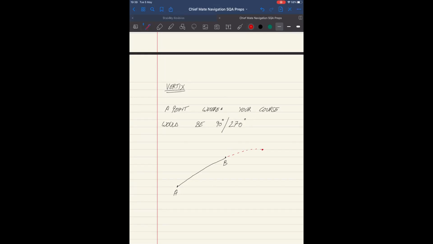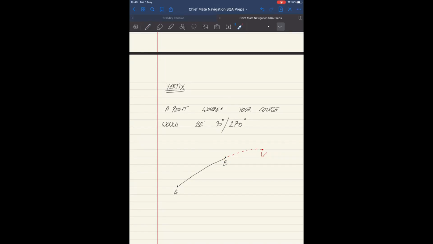This is the point where we would lie, because if we reach at this point, our course would be 090. But if we look at the definition where some people say that it is the highest latitude achieved during the passage, then the highest latitude achieved during the passage is B here. So B is actually not the vertex.